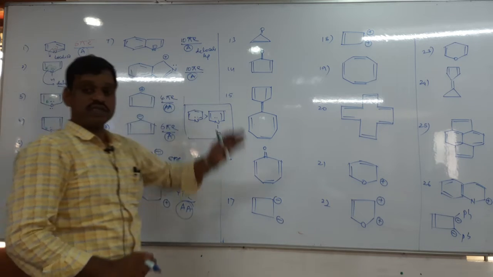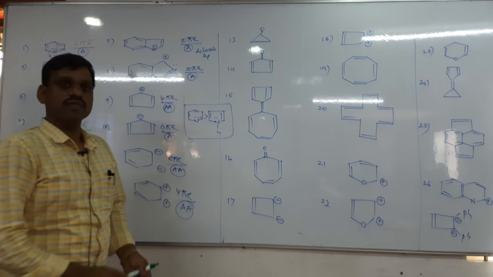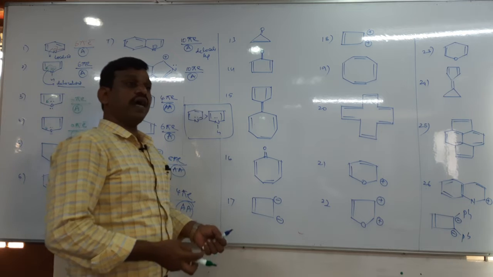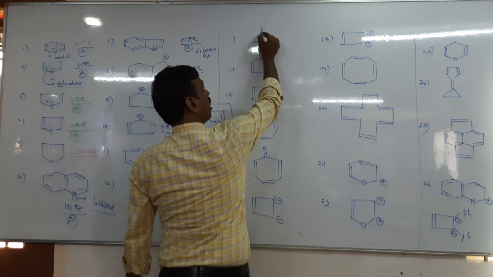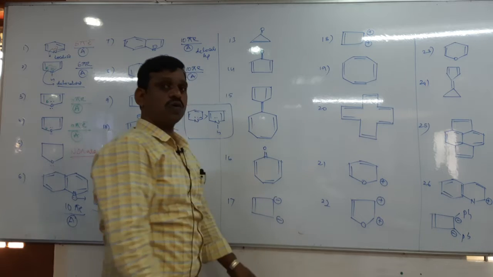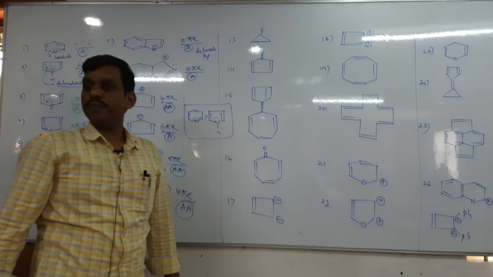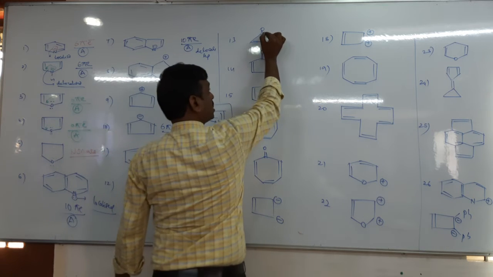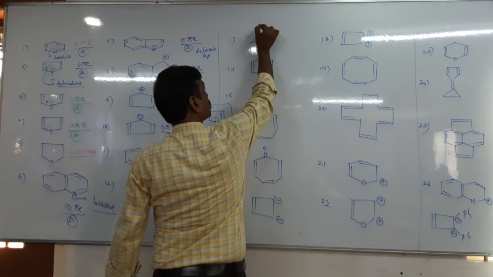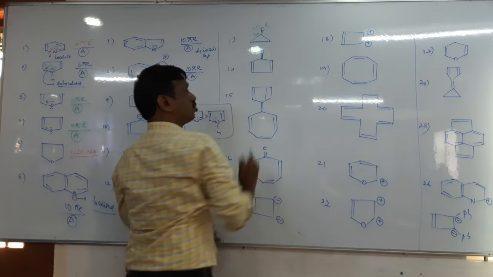Now tell me, this is different. Is it aromatic or anti-aromatic? Now tell me, among carbon and hydrogen, among carbon and oxygen, whose electronegativity is more? Oxygen. Therefore, this pi electron shifts onto oxygen. Oxygen gets a negative charge, carbon gets a positive charge.